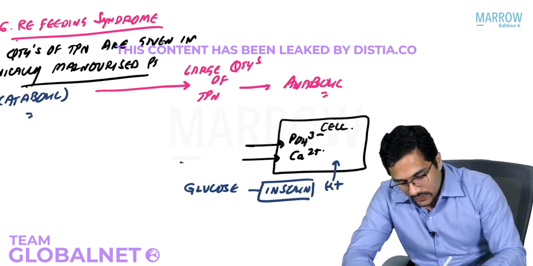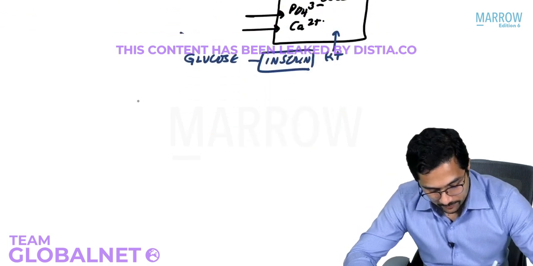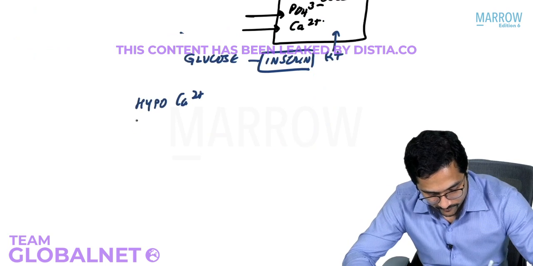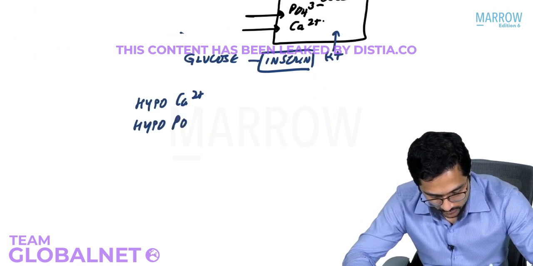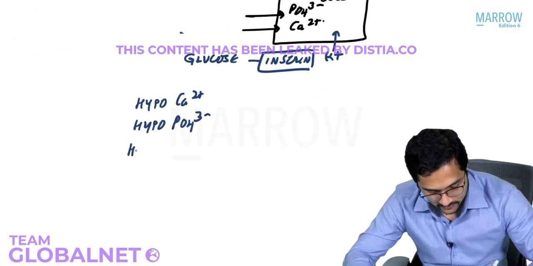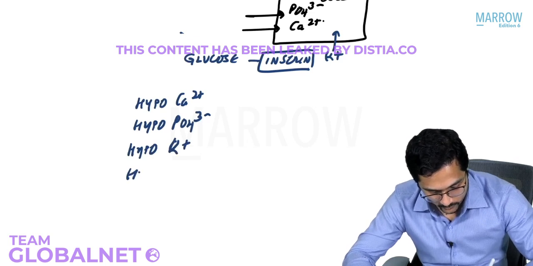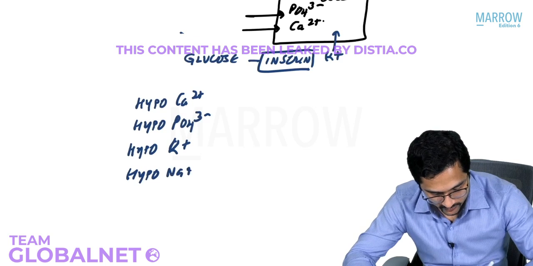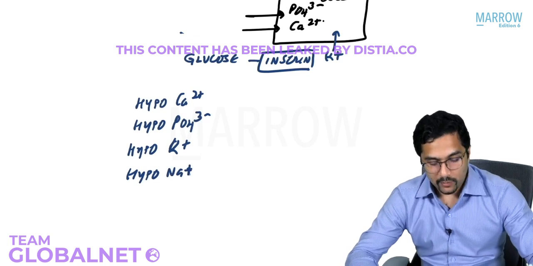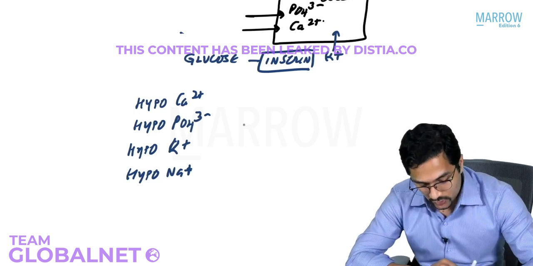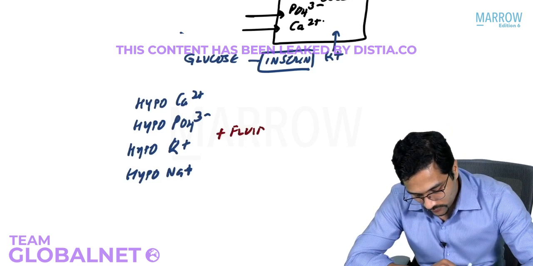So when this happens, what does the patient develop? The patient develops hypocalcemia, hypophosphatemia, hypokalemia, hyponatremia, right? So these are the metabolic abnormalities, plus we are giving excessive fluid, the TPN solution, plus fluid overload.